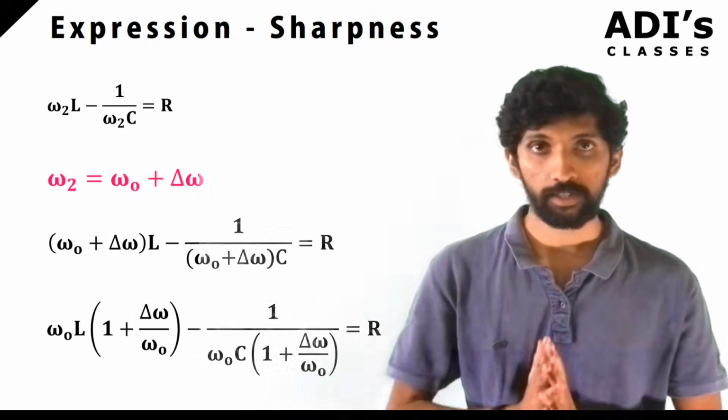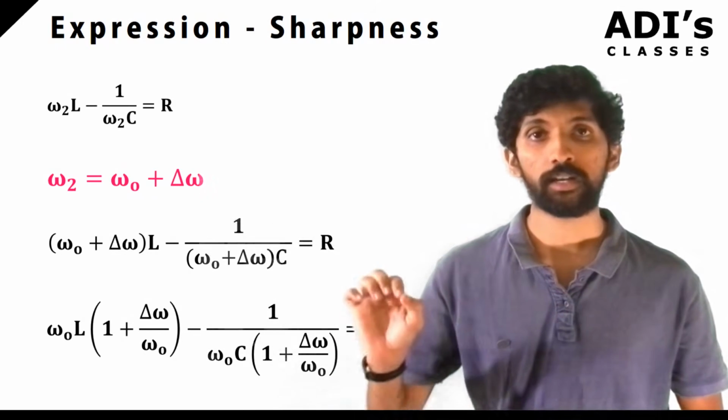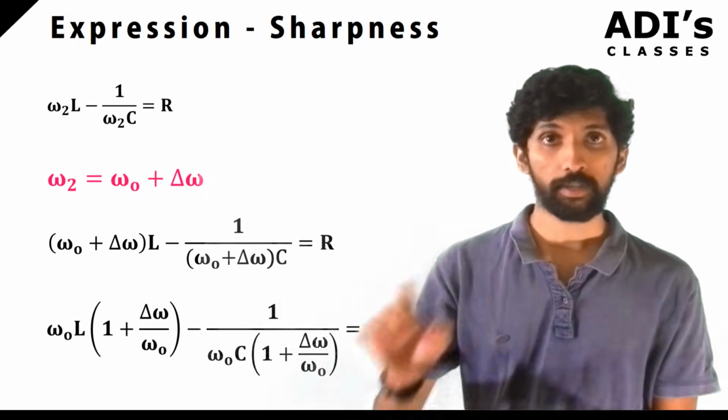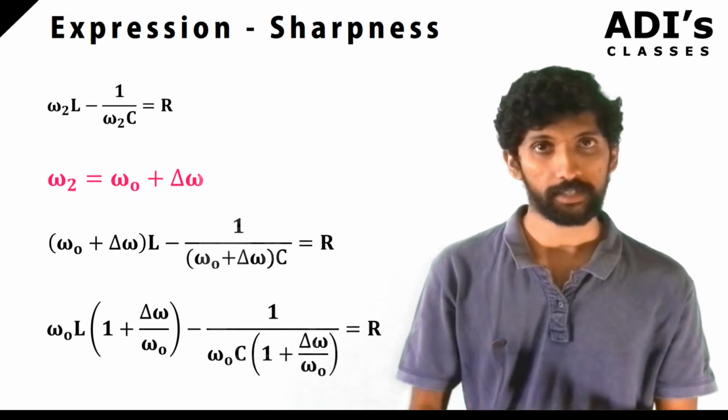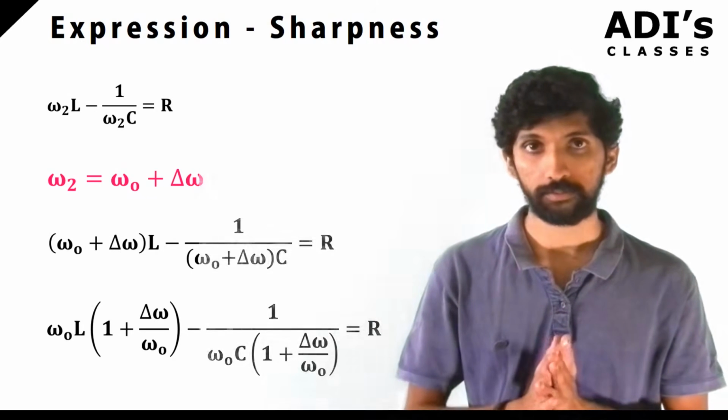Now let me tell you what we have done. We have just taken omega naught common in omega naught plus delta omega. So when you take it as common, you have to divide it, correct? That's how we got the above expression.